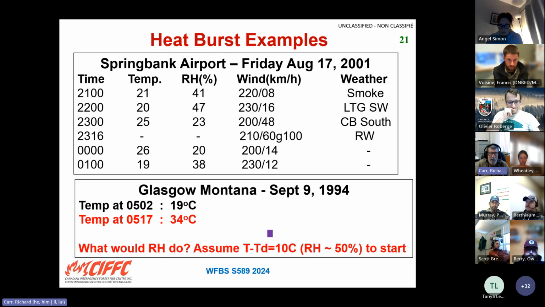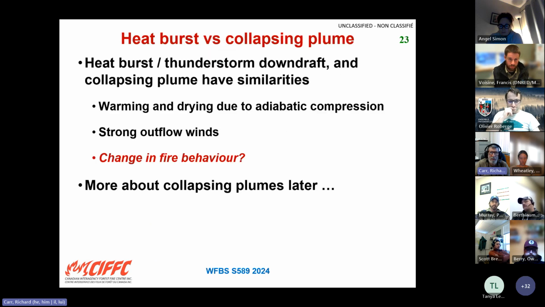Don't have any wind information from that storm here. So, with the heat burst and the thunderstorm downdraft, what really starts it, you get these really strong thunderstorms and they push up into the tropopause, which I think has got some elasticity associated with it. You've got warm air above that. It's very stable.